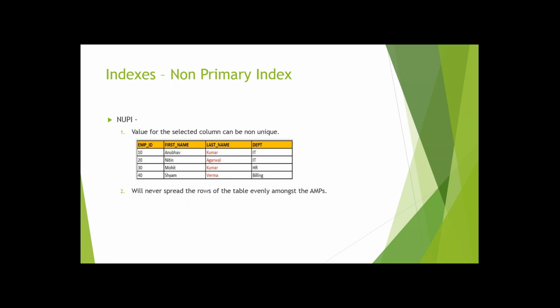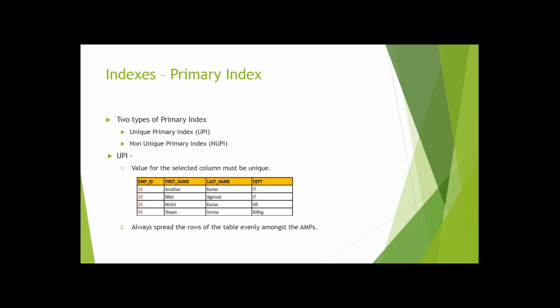For example, in this case, both the Kumars are going to appear in AMP1, whereas Agarwal will appear in AMP2 and Verma will appear in AMP3. Because AMP1 has two records and AMP2 and AMP3 have just one record, it is not evenly distributed. Whereas in our previous example, UPI, we have 10, 20, 30 and 40.